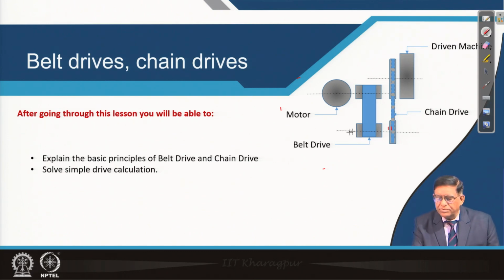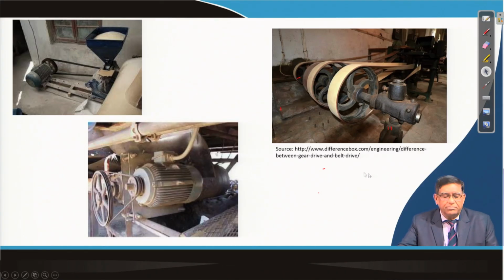From the electric motor the power is transmitted to this belt, and from this belt it goes to this chain, and from that chain to the machine which is being driven. So the main purpose of this system is to drive.